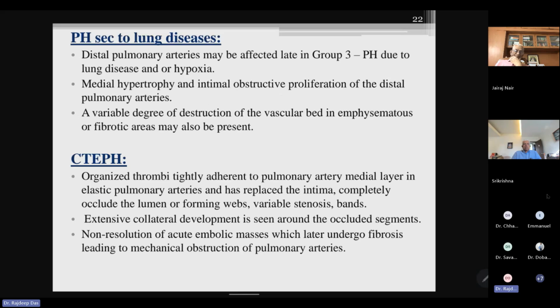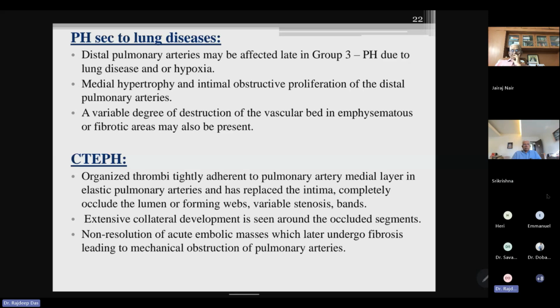A variable degree of destruction of the vascular bed in emphysematous or fibrotic areas of the lung may also be present. While in chronic thromboembolic pulmonary hypertension, there are organized thrombi tightly adherent to the pulmonary artery medial layer in the elastic pulmonary arteries, which replace the intima and completely or partially occlude the lumen, forming webs or variable stenosis or band formation.